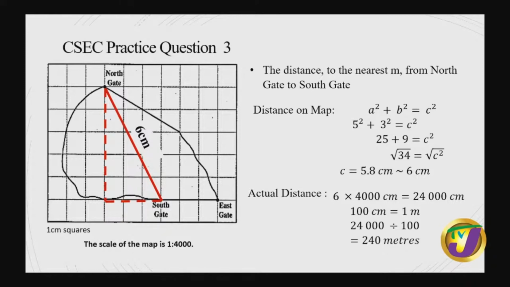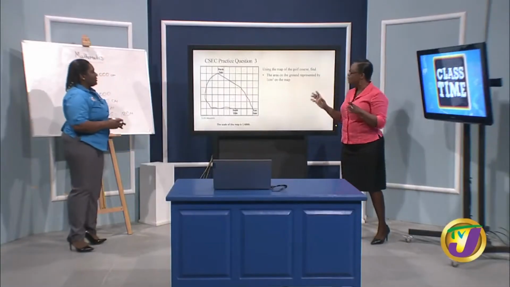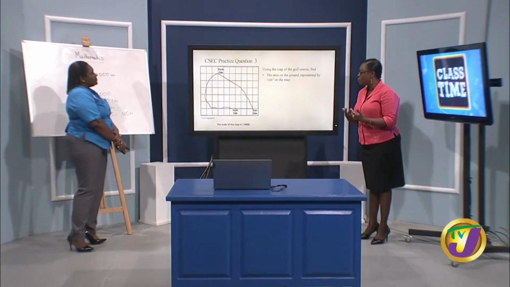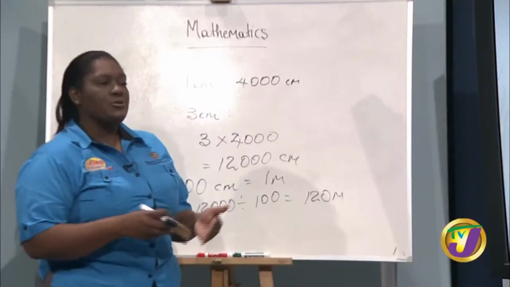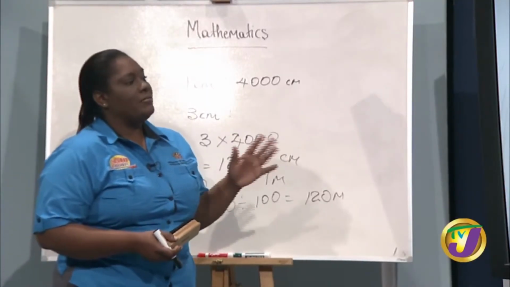We have another question, a follow-up question from the one before. Now we are required to find the area on the ground represented by 1 square centimeter on the map. This is what we call an irregular figure, so there is no given formula that we can use to find the area of this figure.